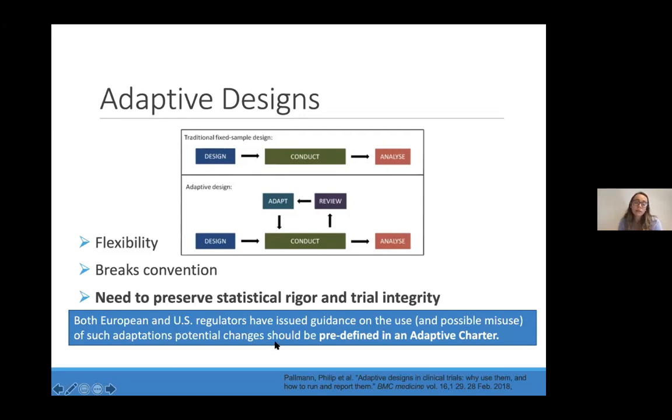There are some regulations and guidance about the use of adaptive designs, and they have a predefined adaptive charter, like a checklist of things that you have to think about when you're planning an adaptive design, okay?